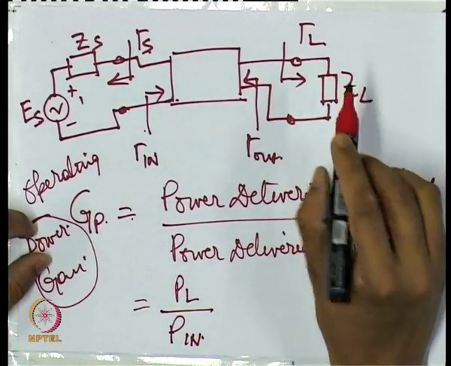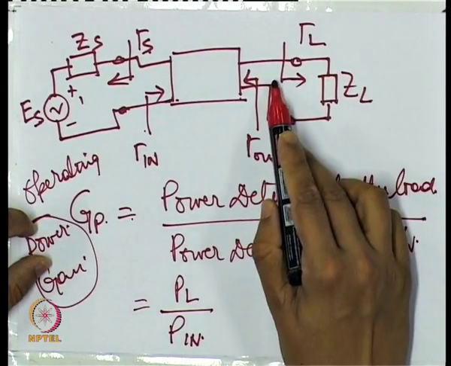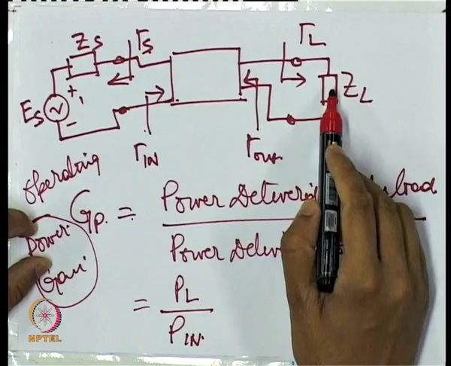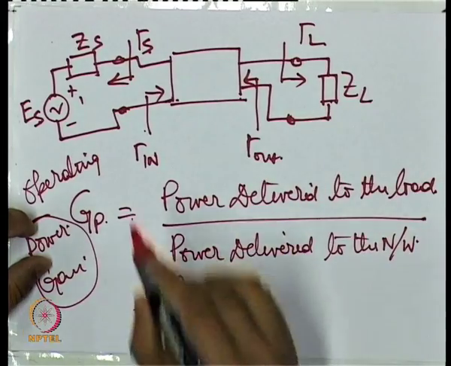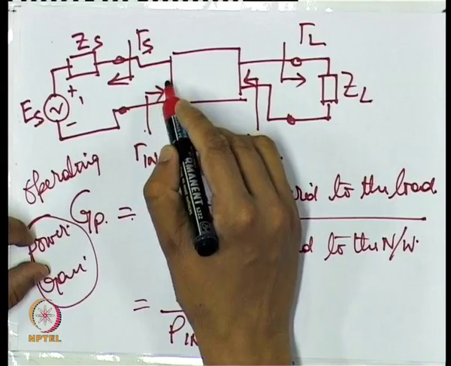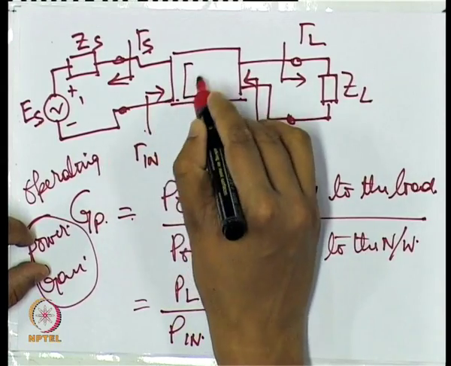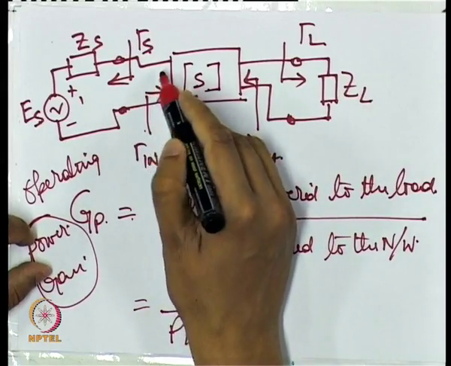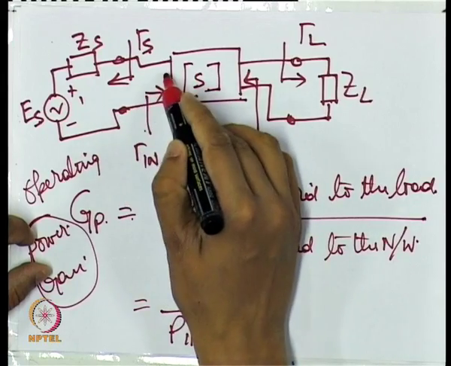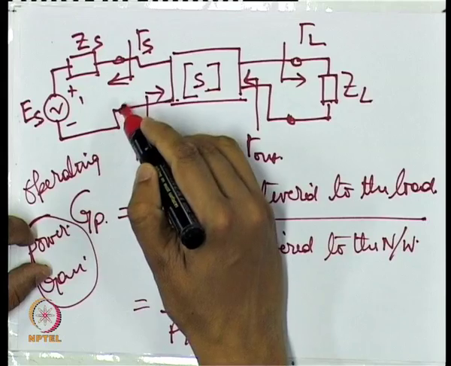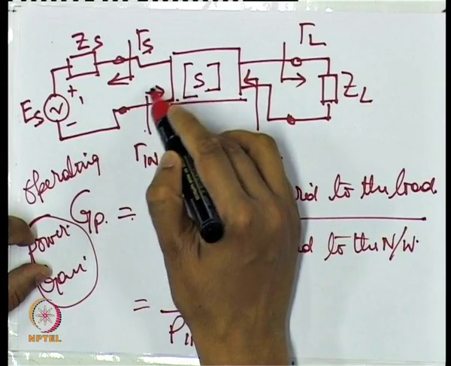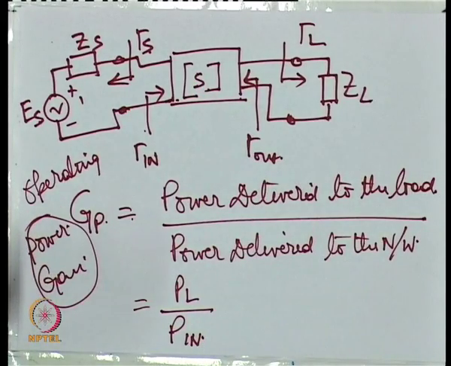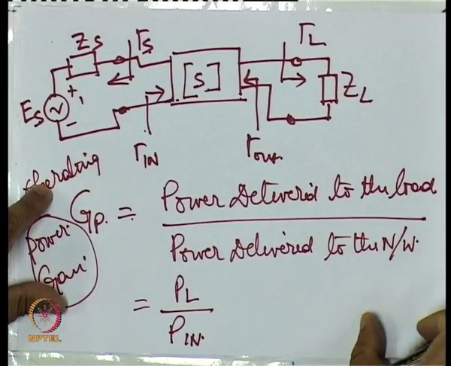So PL is the total power reaching the load, that is the incident power minus the reflected power, the net power that is reaching the load, and Pin is the net power that is reaching the network. It means that at the input of this amplifier, I have an incident power and a reflected power. That incident power minus the reflected power is the net power that is going inside the network, and that is represented by Pin. So this is the definition of GP.